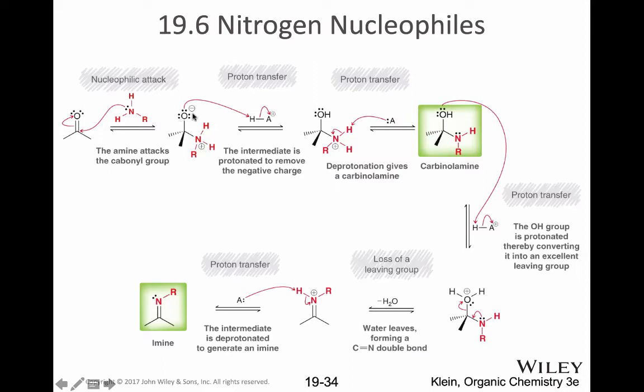We call this a zwitterion. This zwitterion will then be protonated by whatever the most acidic thing in there is, we'll talk about that in a minute, to give you this molecule here. And then this molecule will be deprotonated by the conjugate base of your acid to remove the positive charge off the nitrogen. We call this a carbonyl amine, or it's also called a hemiaminal. Both of those names are appropriate.